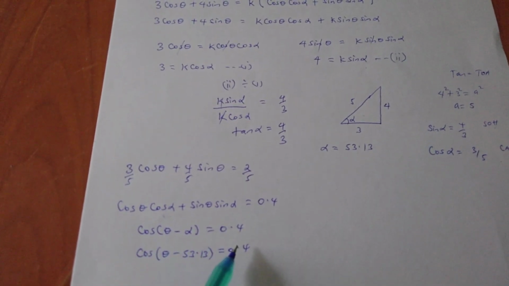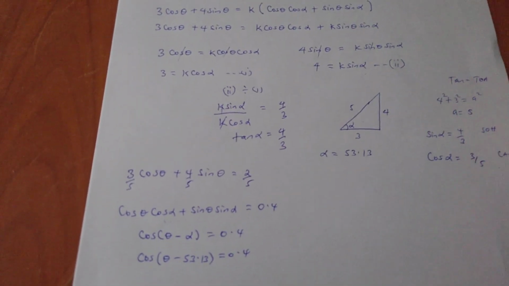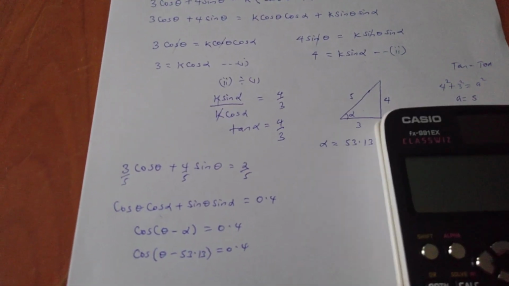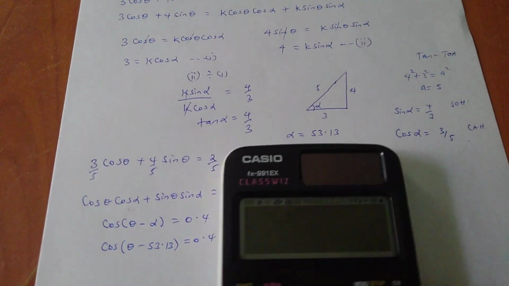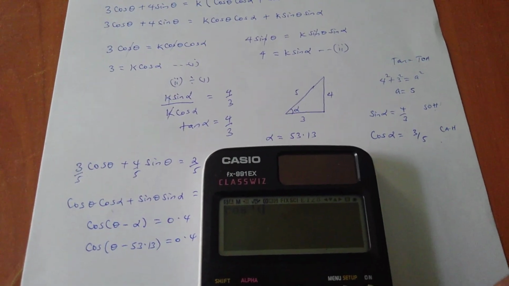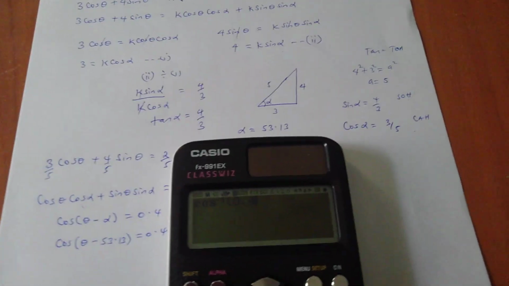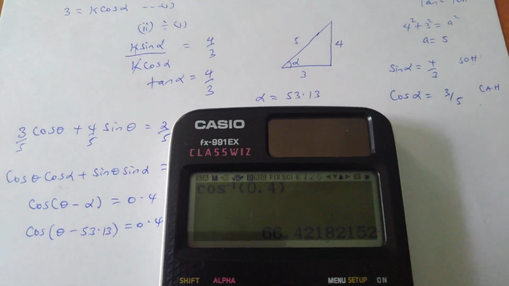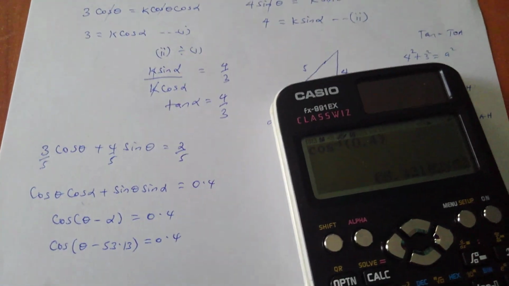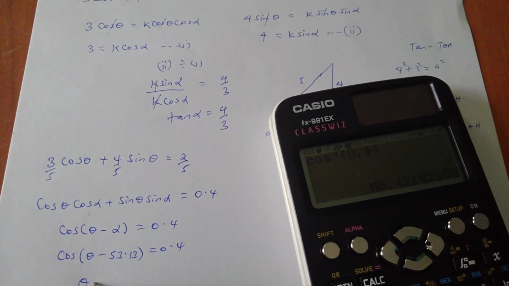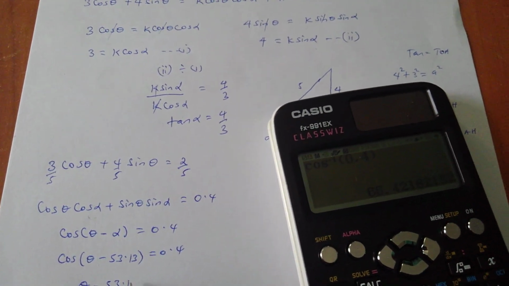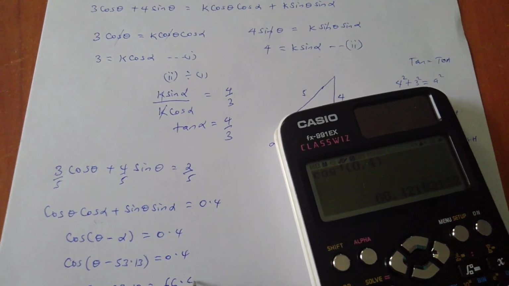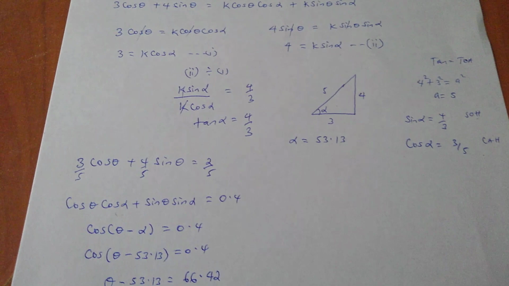If I take the inverse cos of this, okay, let me do it on the calculator: shift cos of 0.4, I'll be able to get theta minus 53.13 equals 66.42. I hope you are getting it.